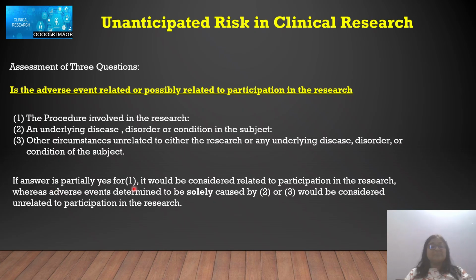If the answer is partially yes for the first, it would be considered related to participation in the research, even if it is only partially yes. Whereas adverse events determined to be solely caused by the second or third would be considered unrelated to participation in the research. So this is how we analyze our second question.